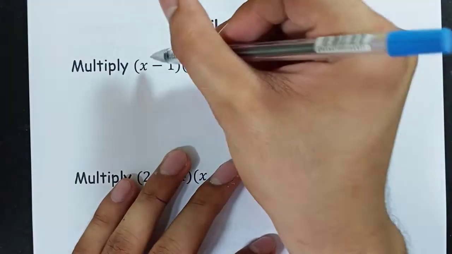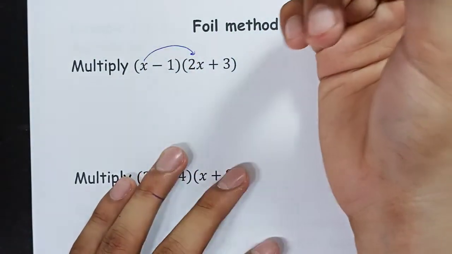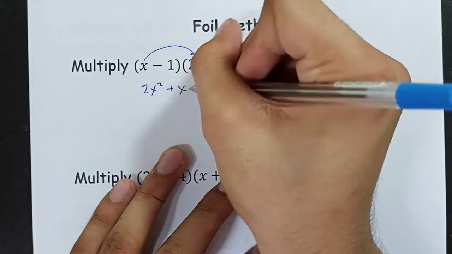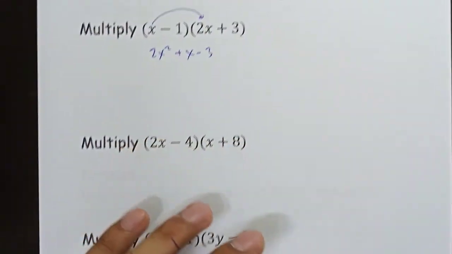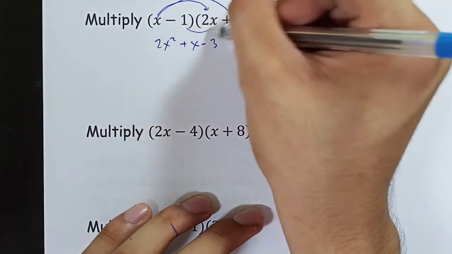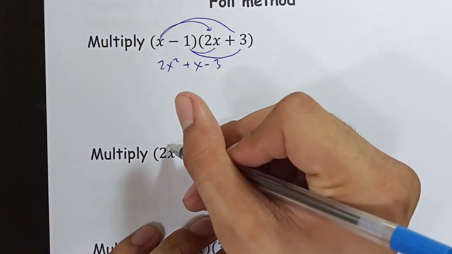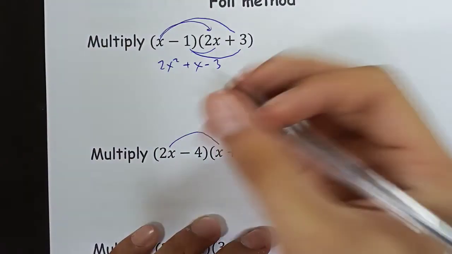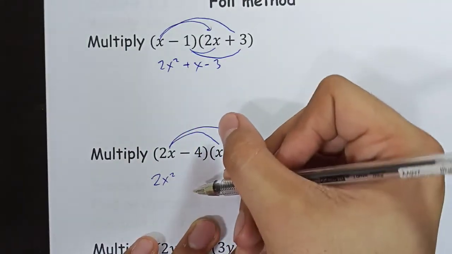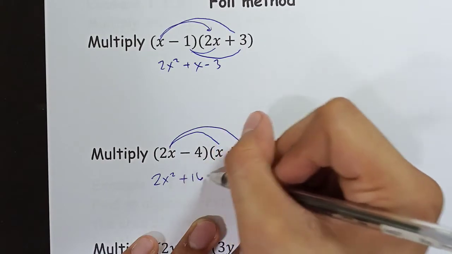So, ganito lang. X times 2x, we have, the example natin kanina. So, the answer for this is 2x squared plus x minus 3. Ganito, FOIL. Then, yung 1 naman. Next, 2x times x, we have 2x squared. 2x times 8, we have 16x.